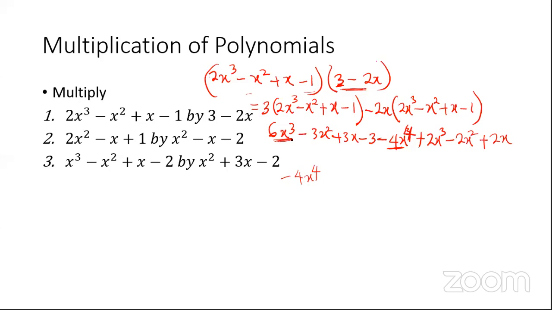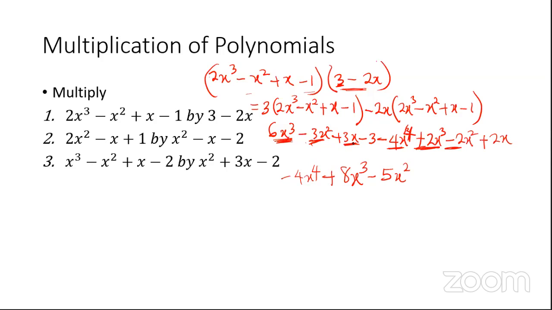Followed by x raised to power 3. We have x raised to power 3 here and x raised to power 3 here. They are the same family. This is 6 and this is plus 2, so when you add them together it gives plus 8x raised to power 3. This is the family of x squared: minus 3 minus 2, that's minus 5x squared.